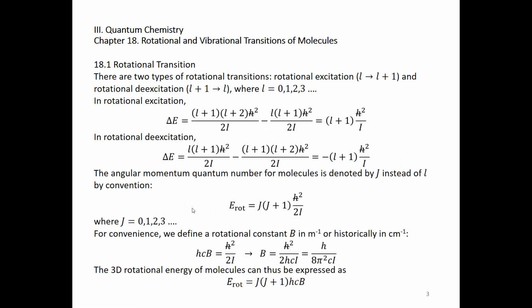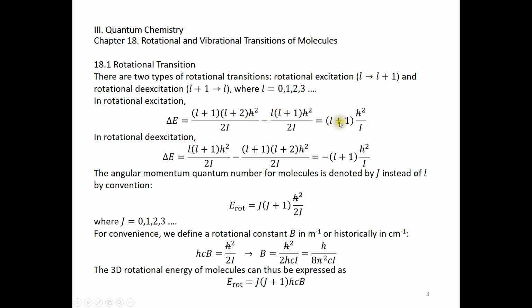There are two types of rotational transitions: rotational excitation, in which L increases by 1, and rotational de-excitation, in which L decreases by 1. In the rotational excitation, the energy change is positive. We can take the difference between the two energy levels from level L to level L plus 1.